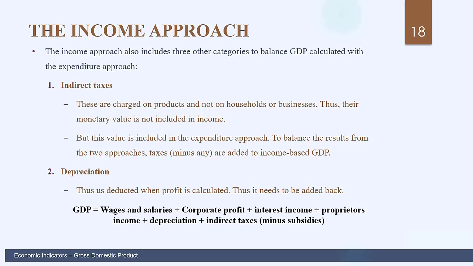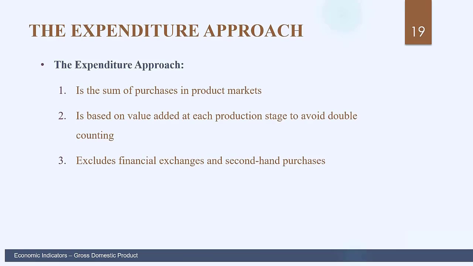Now the expenditure approach is the sum of purchases in the product markets. And so it's based on adding each production stage to avoid double counting. Of course, it excludes any financial exchanges or secondhand purchases. And this is because we're interested in the economic activity. That's what GDP is measuring. When you, for example, buy a stock, nothing is being produced there.